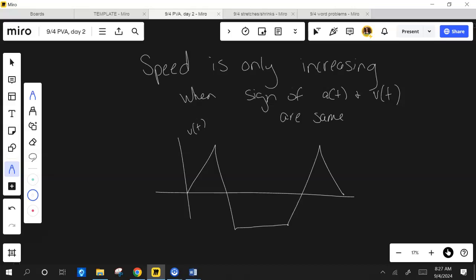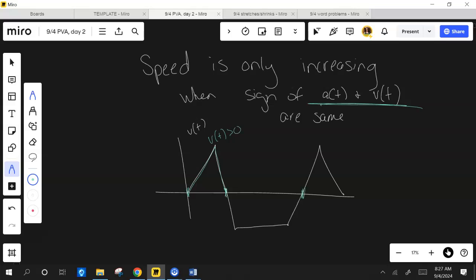What has to happen? The sign of both acceleration and velocity have to be the same. So let's look at this for just a second. The sign here of velocity, from here to here, velocity is positive. Agree or disagree?